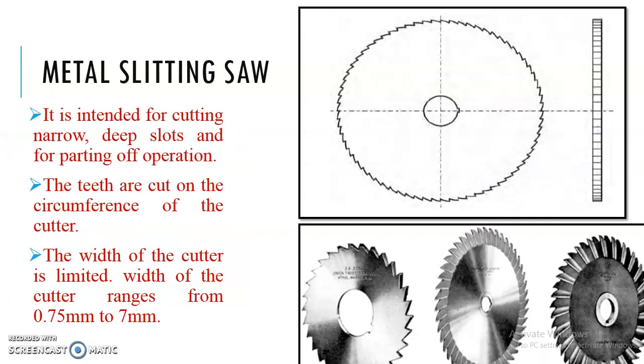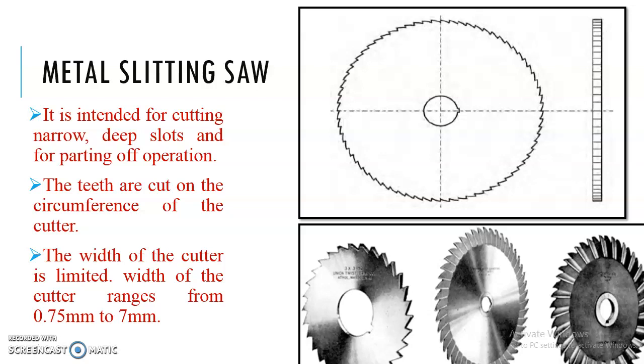That's why it is called a side milling cutter. The third type is called the metal slitting saw. These cutters are useful for removing the projections on casting and forging parts.